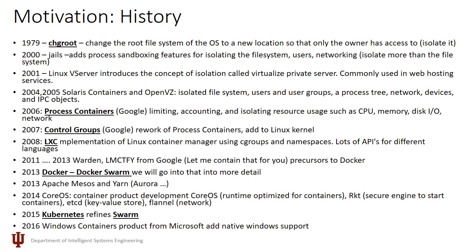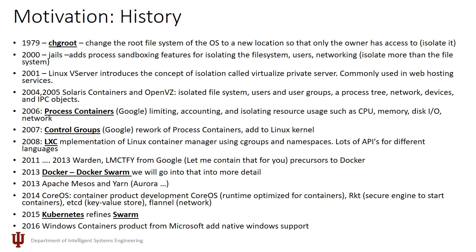This work really led to a revolution in our current understanding of how we develop systems, and control groups are essential to the implementation of what we do today in Docker, Kubernetes, and LXC.